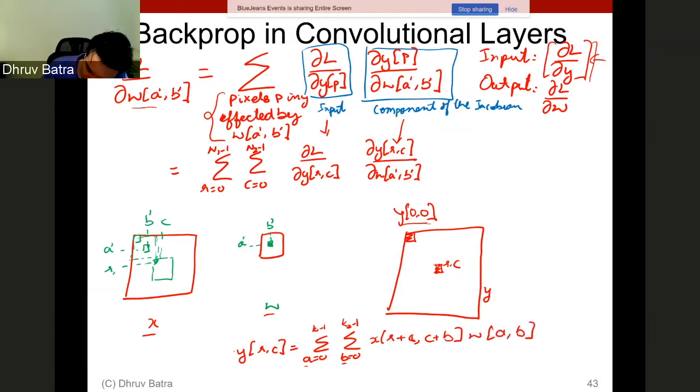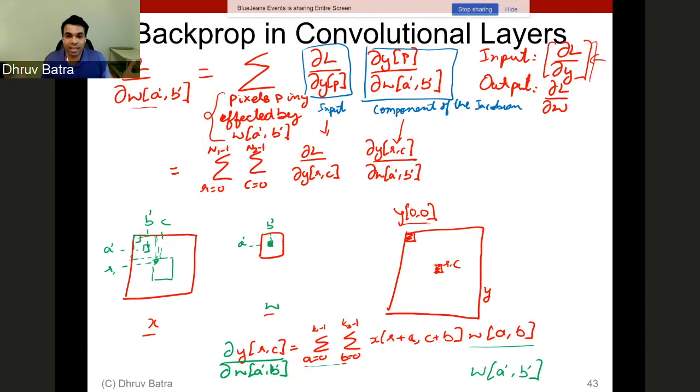And now the question we're asking is, what is the partial of this quantity with respect to w a prime comma b prime? In this summation over all pixels, where does, for example, w a prime b prime appear? That's the question that I'm asking.